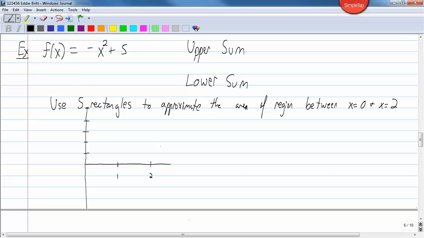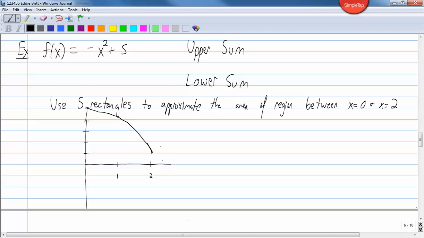Alright, and so my curve is actually going to look something like this with this scale. It goes down and it's still decreasing right here.